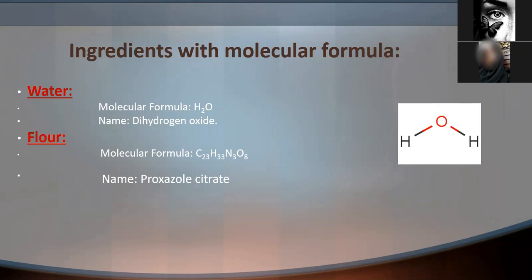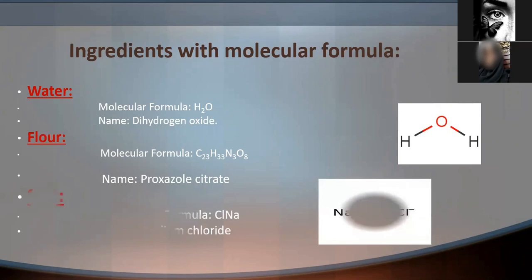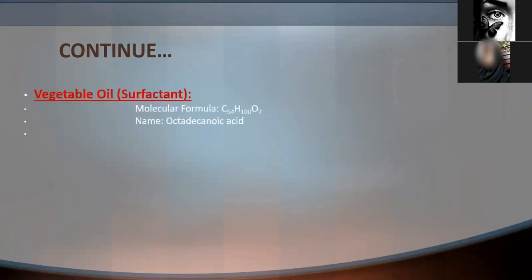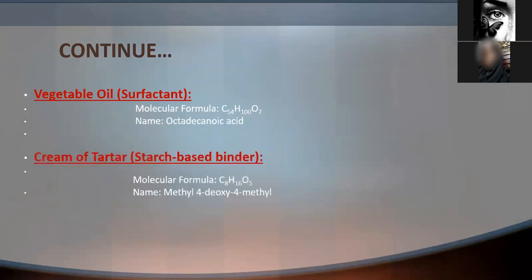The next, salt, molecular formula NaCl, sodium chloride. Next, vegetable oil, molecular formula C54H100O7, octadecanoic acid. Next, cream of tartar, molecular formula C8H16O5, name methyl 4-deoxy-4-methyl.